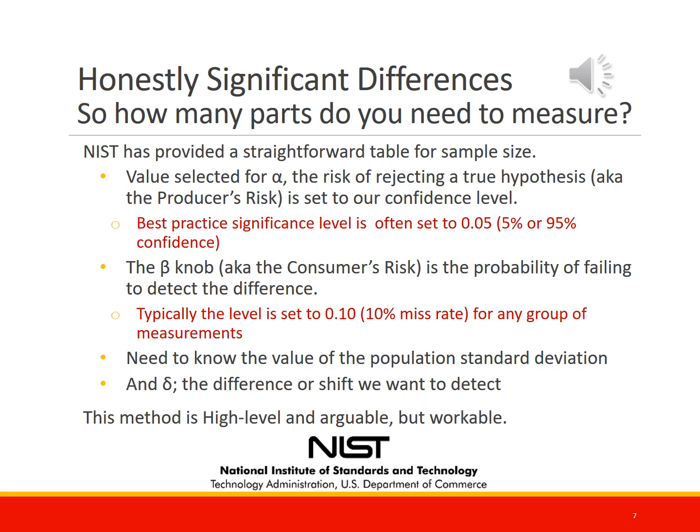And delta then is the difference or shift from one group to another, or from one population to another, that we wish to detect. How far apart are they? Remember those previous diagrams we saw with two distributions, the goal and the actual. Delta was the difference between those two. And you can imagine the closer and closer those two are to each other, the more samples you will need.